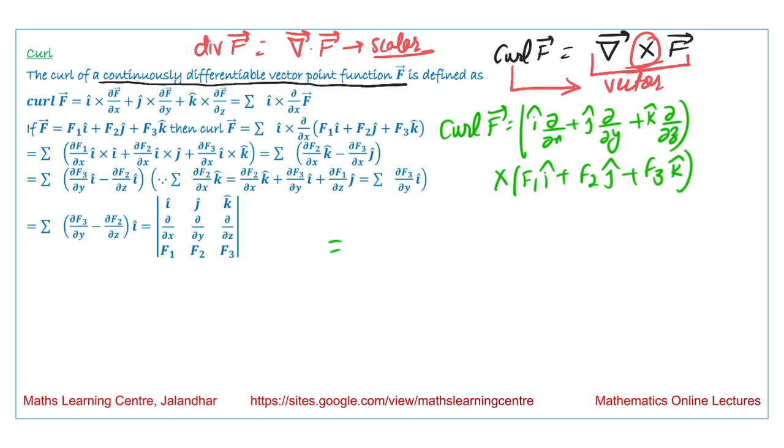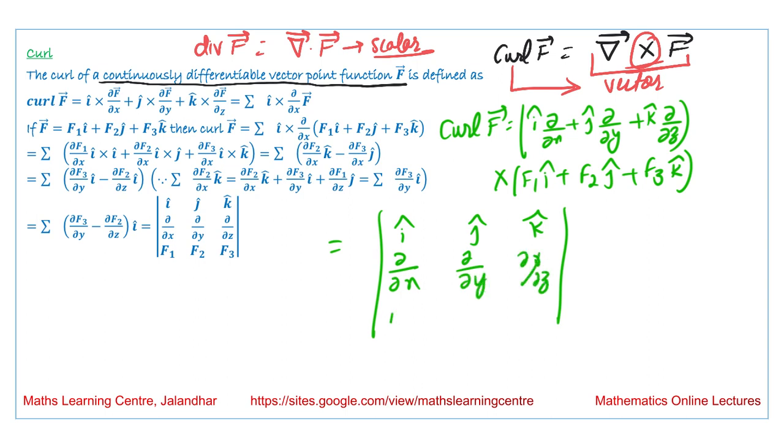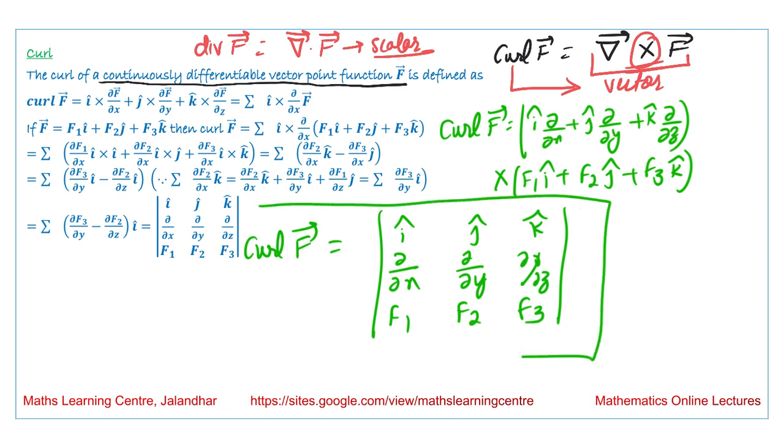The answer we obtain is the determinant of i cap, j cap, k cap, then ∂/∂x, ∂/∂y, ∂/∂z, and f1, f2, f3. So, this is the value of curl of f vector. This is how we can calculate the value of curl of f vector.